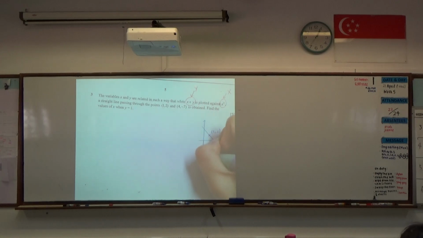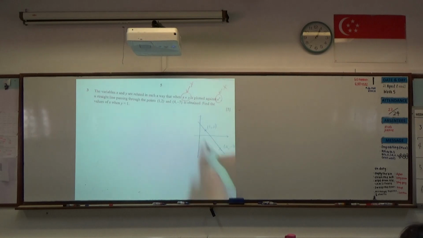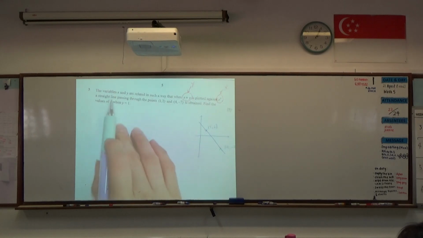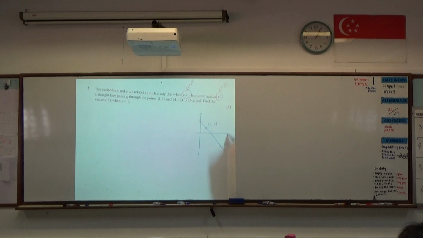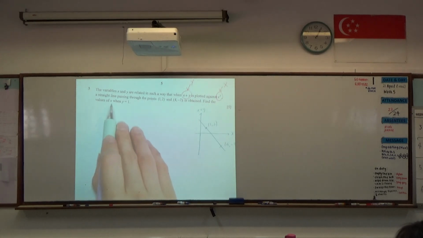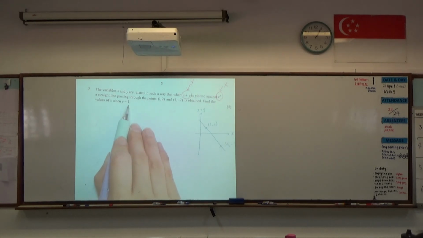So our graph may look something like this. A straight line graph, because the question also says straight line. So the x-axis is actually your x squared. This is your x plus y. We want to find the values of small x when small y is equal to 1.